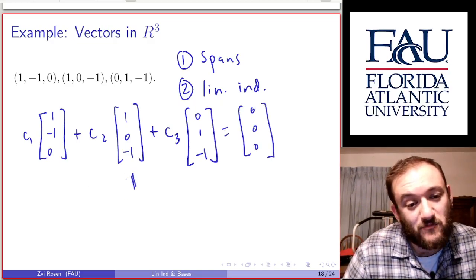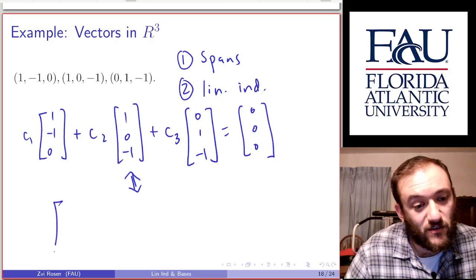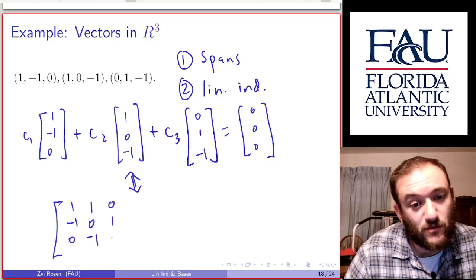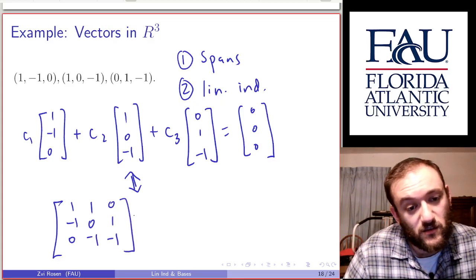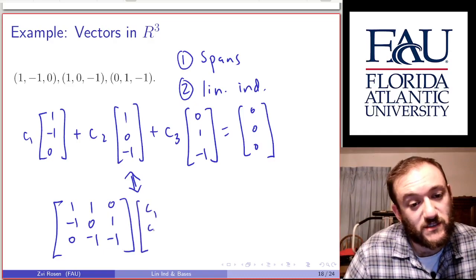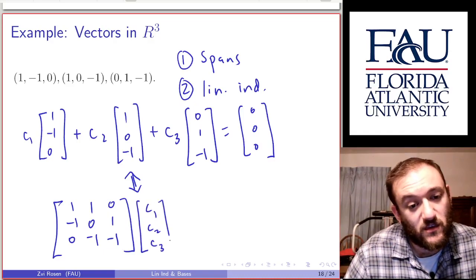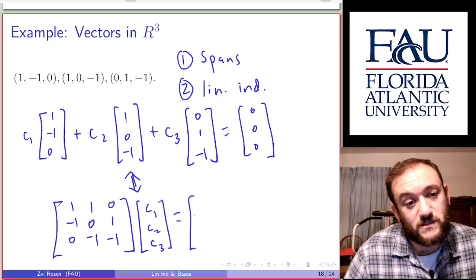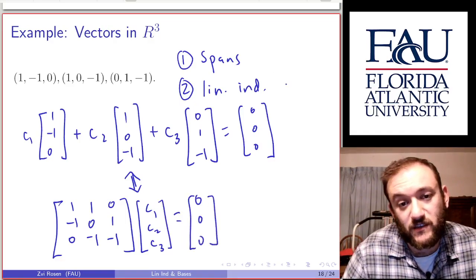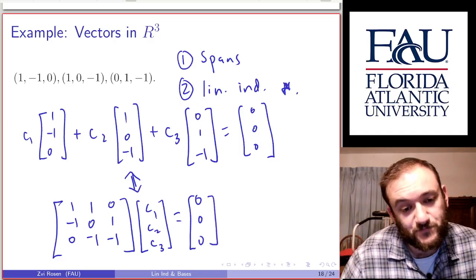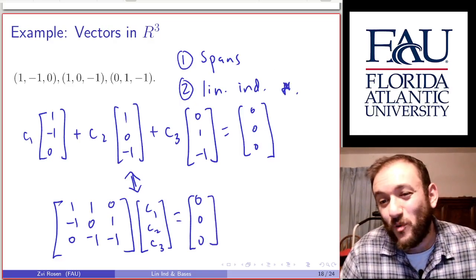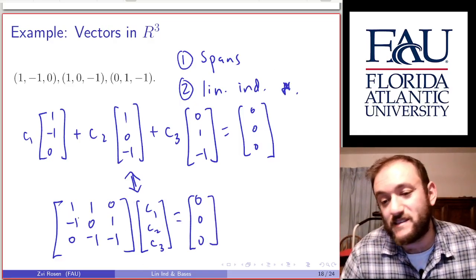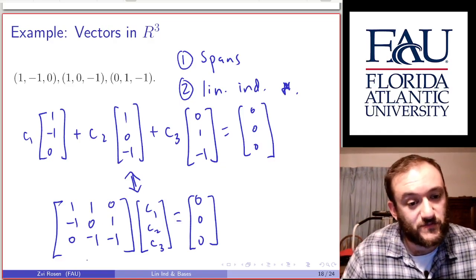This is the same as saying we have a matrix equation, [1, 1, 0; -1, 0, 1; 0, -1, -1] times the vector (C1, C2, C3) equals (0, 0, 0). This is for linear independence. And again, this boils down to the existence of this inverse matrix.